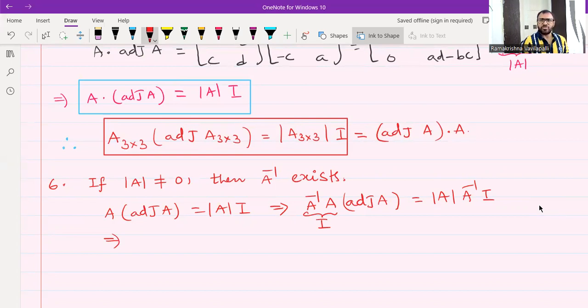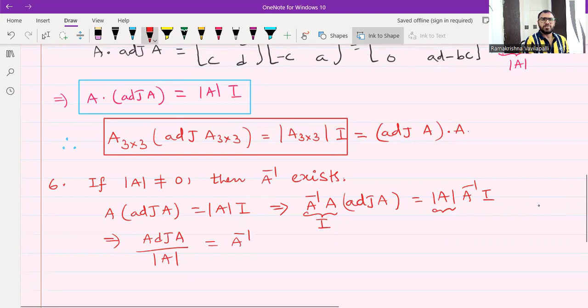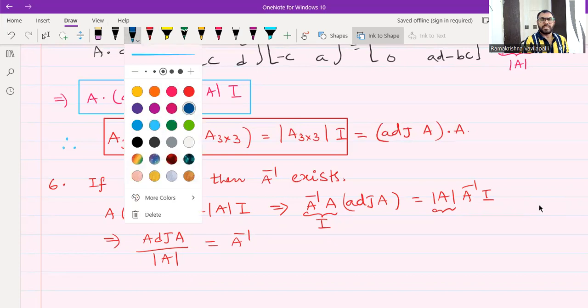So here I into adjoint of A is adjoint of A. So therefore adjoint of A, by bringing this det A this side, equal to this is A inverse. So this is also very, very important with respect to JEE Main.